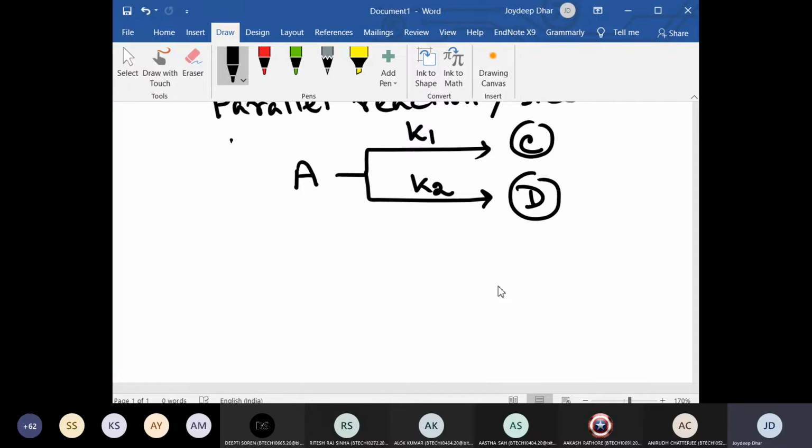Our aim will be to know the concentration. So let's say both are unimolecular reaction with respect to starting material A or reactant A. So how I can write?